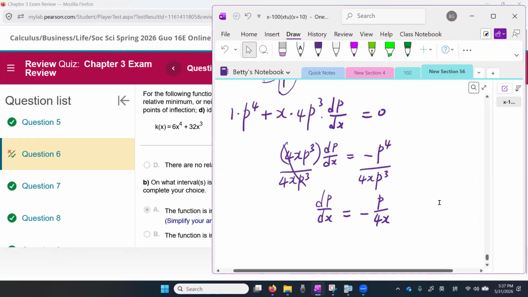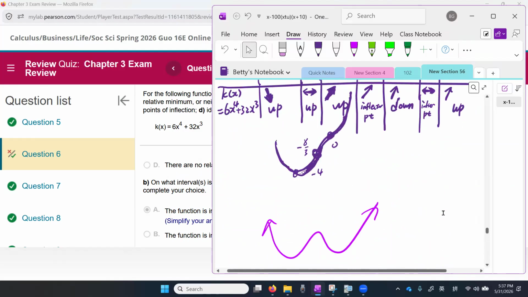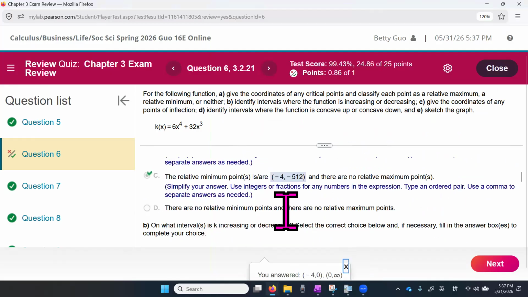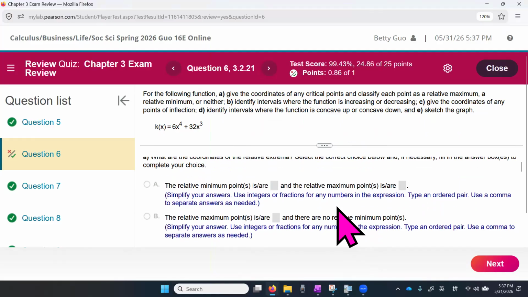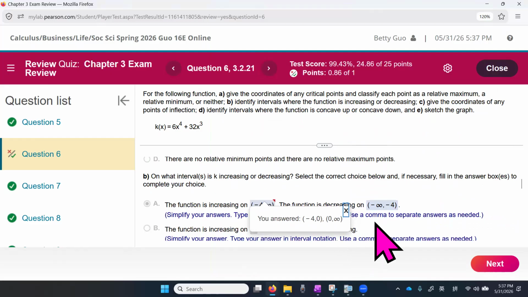I remember this question is about the sign chart method. Increasing. Is this the function, part A or B? I got this one wrong, right?